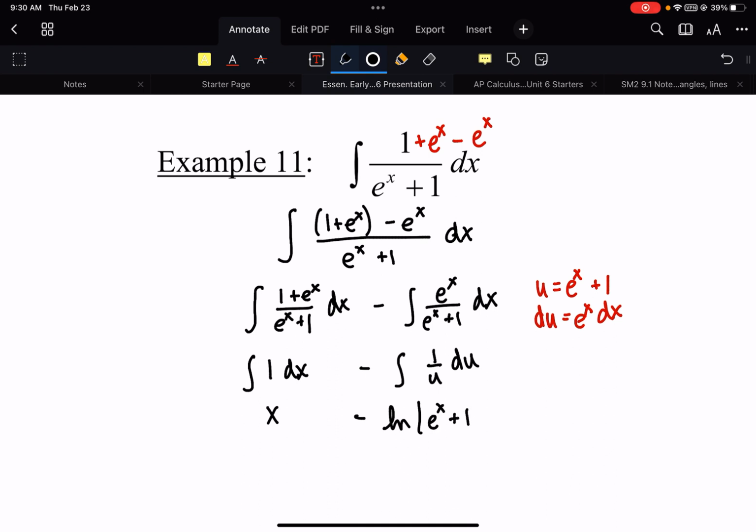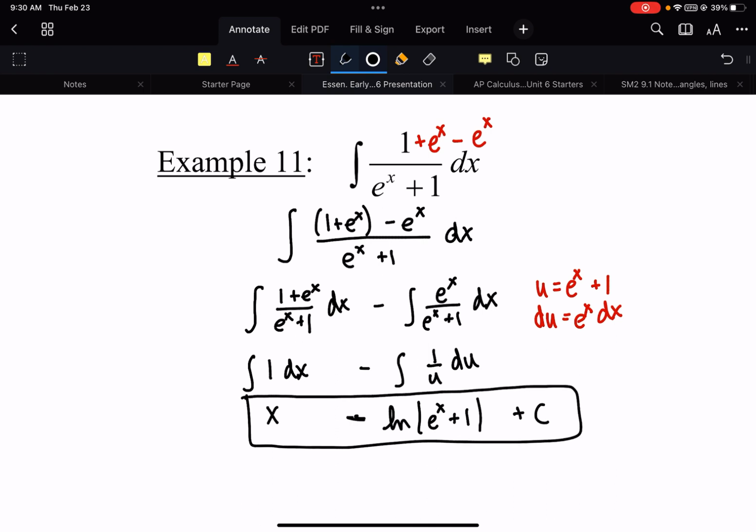And we have the plus c. So this whole thing right here is going to be the answer. And this is just one where you have to start trying to get creative. So try everything you know, and if it still doesn't work, try doing weird algebra to it.